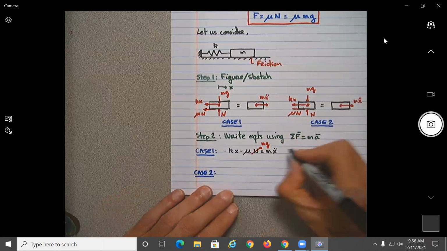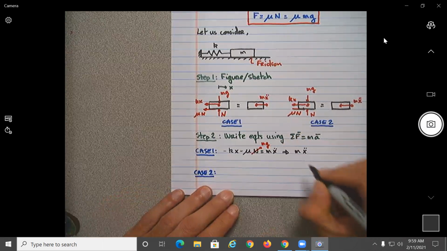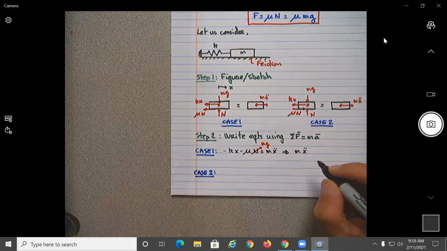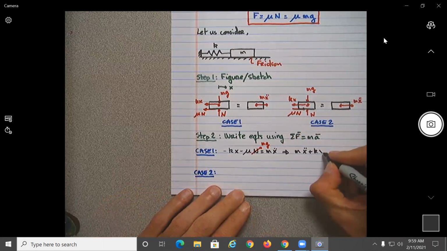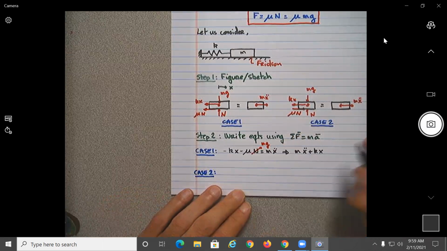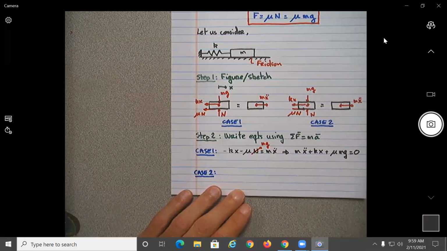So this equation will actually simplify to m x double dot plus kx plus mu mg equal to 0.